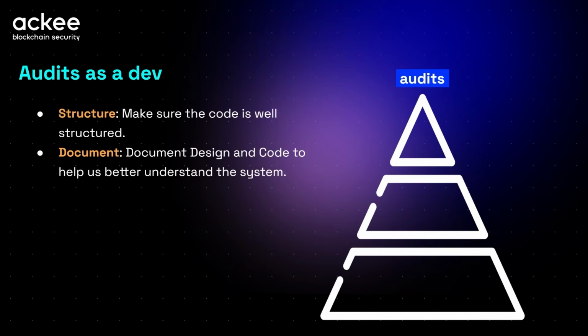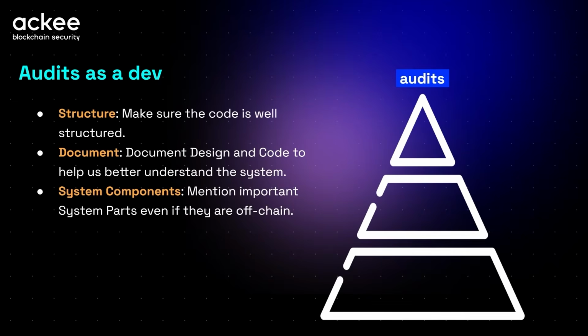It is also important to document this because if the protocol is robust, it can contain a lot of important system components. Even the system components can be off-chain. They do not necessarily need to be smart contracts, but for us auditors, all of the components, even off-chain, are really important because we need to understand the architecture of the protocol or the application as a whole, not just the smart contract.